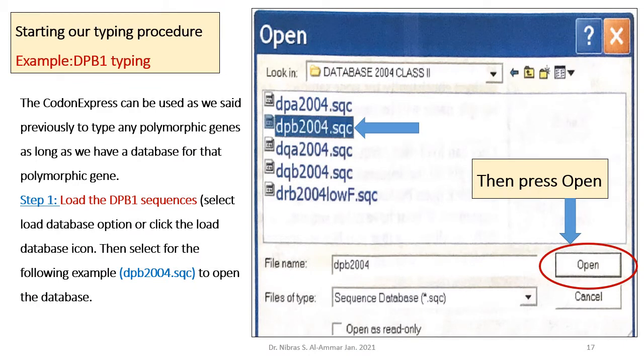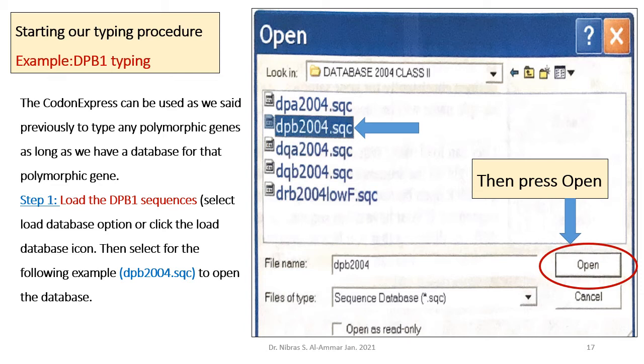Now let us start our typing procedure. For example, we are going to type our sequence include DPB1 typing. The Codon Express can be used, as we said previously, to type any polymorphic genes as long as we have a database for that polymorphic gene.